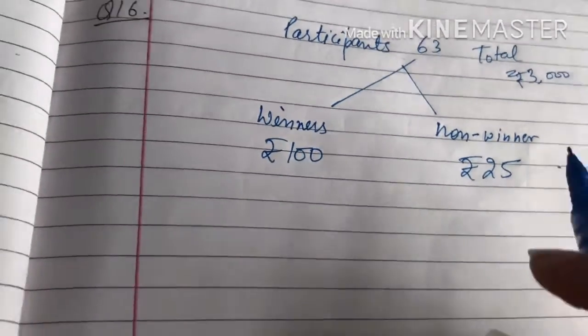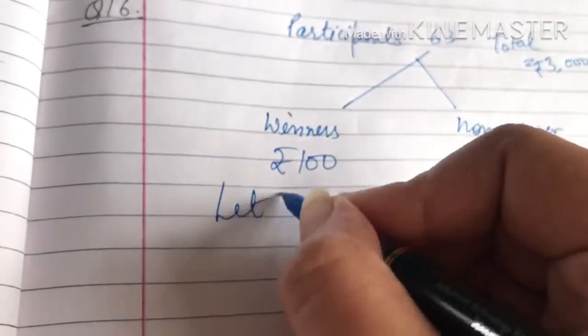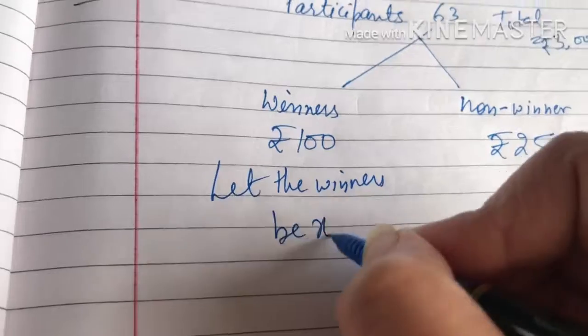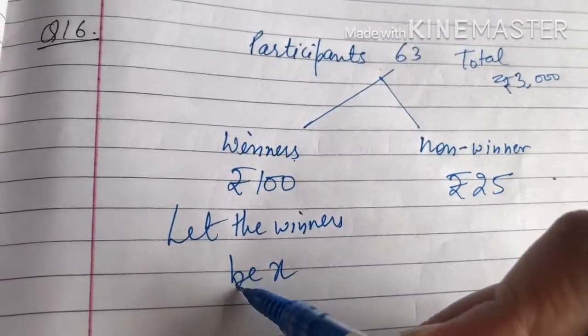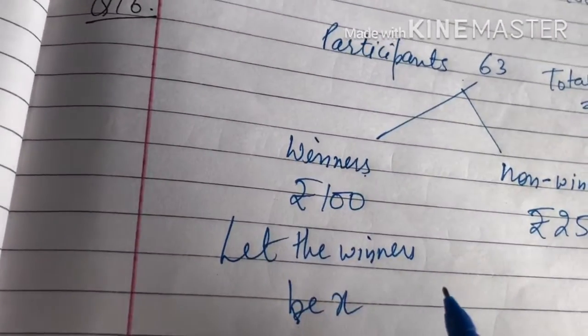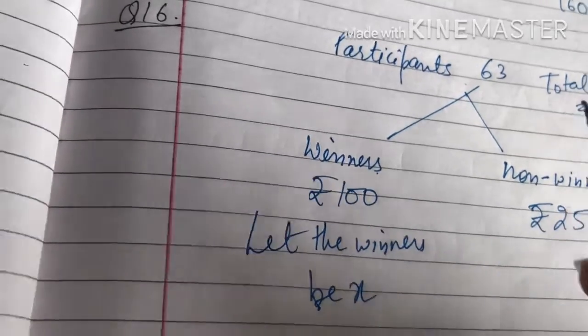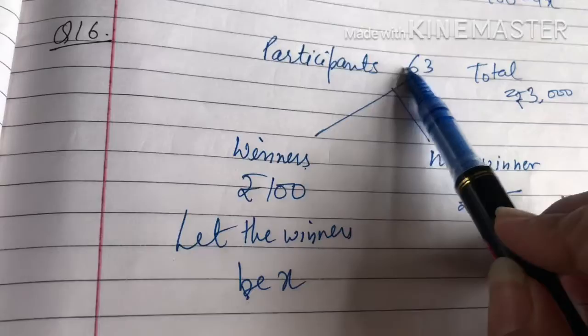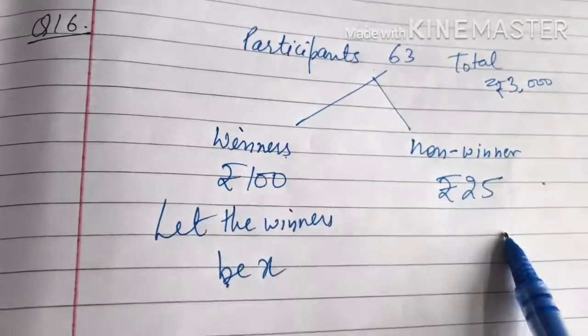Total participants are 63. Now how can you tell out of 63 who are winners and who are non-winners? So let the winners be x. Suppose there are 13 winners. If 13 have won, how many have not won? 63 minus 13, that is 50.